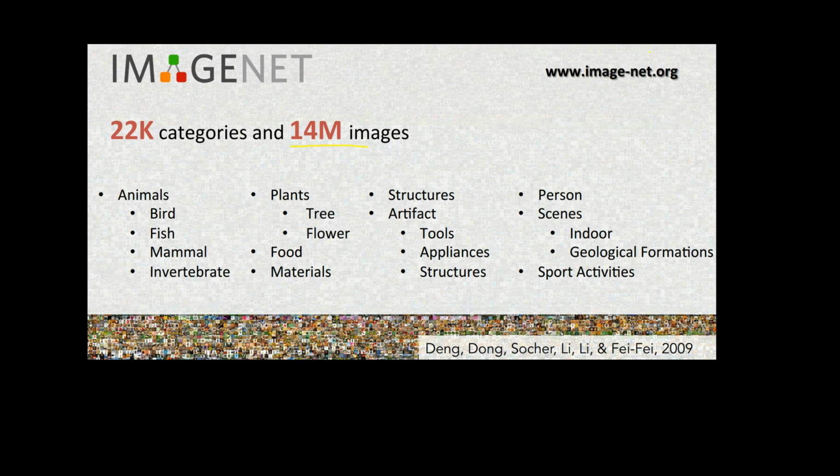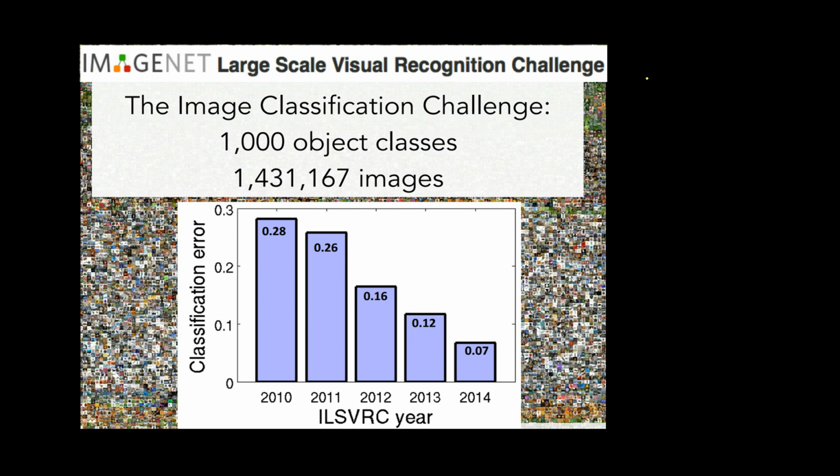You can go and have a look at it at imagenet.org. The ImageNet challenge is a big competition where researchers, companies, and practitioners come and test their algorithms. The challenge is to recognize 1,000 object classes among these images.